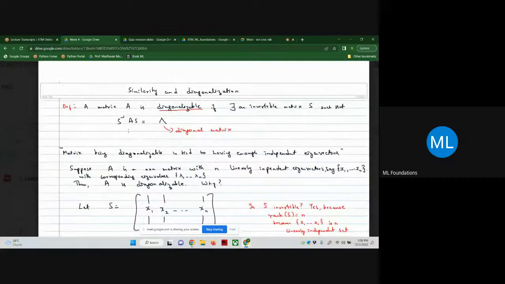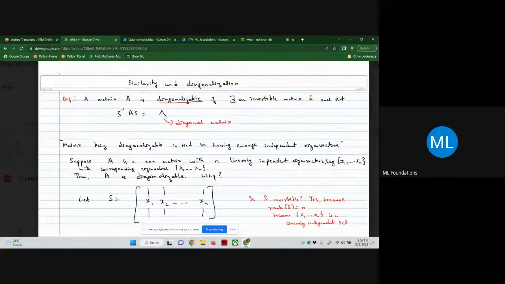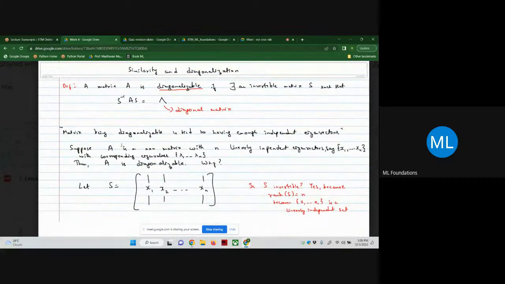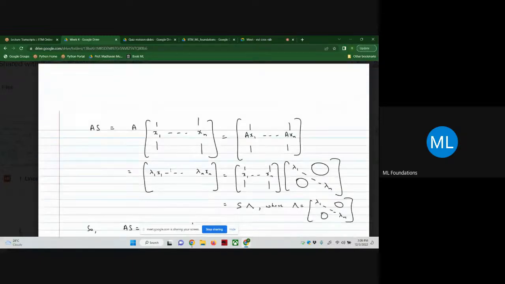Any square matrix that is diagonalizable, even when it's not symmetric, is diagonalizable, but only a symmetric matrix is orthogonally diagonalizable. By orthogonally diagonalizable I mean you'll not get S inverse A S, but something like S transpose A S, equal to a diagonal matrix. This part, the diagonalization of symmetric matrices, is known to you, right?